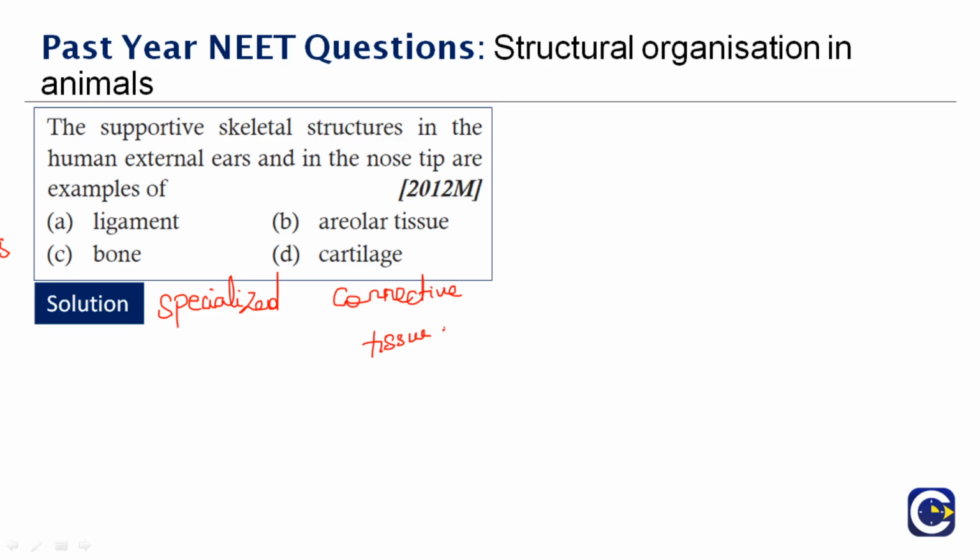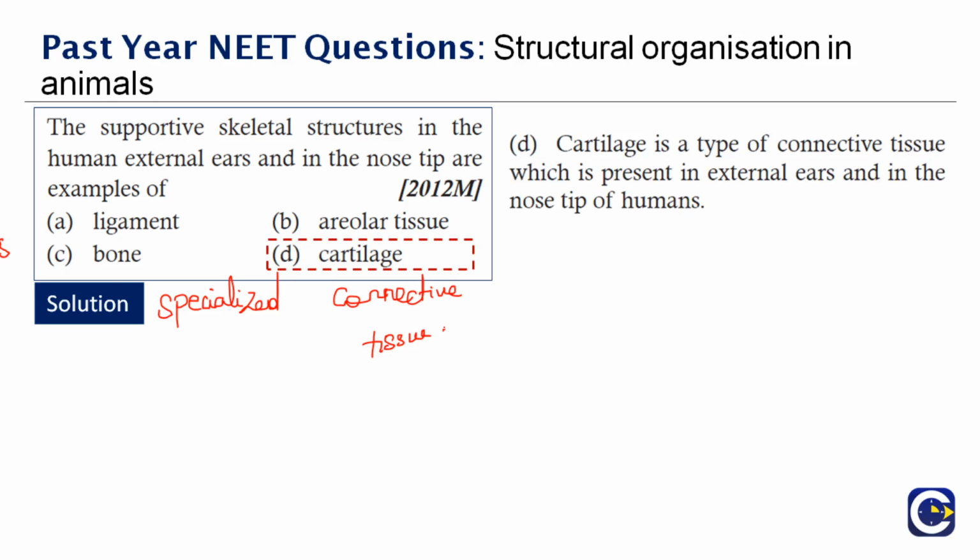Cartilage is a resilient, smooth, elastic tissue, a rubber-like padding that covers and protects the ends of the long bones, sometimes the joints, and is also found specifically in the nose tip and the external ears. So you can remember that they are present in the sensitive areas. Therefore, the correct answer to this question is option D.